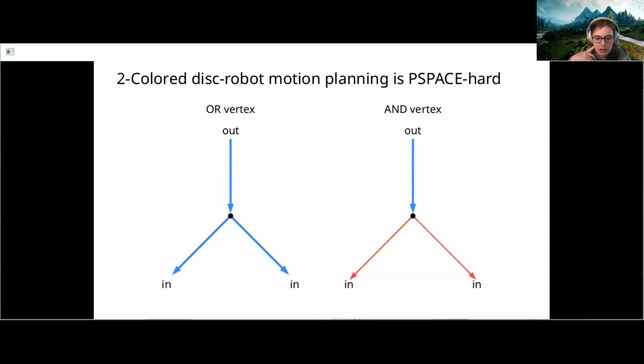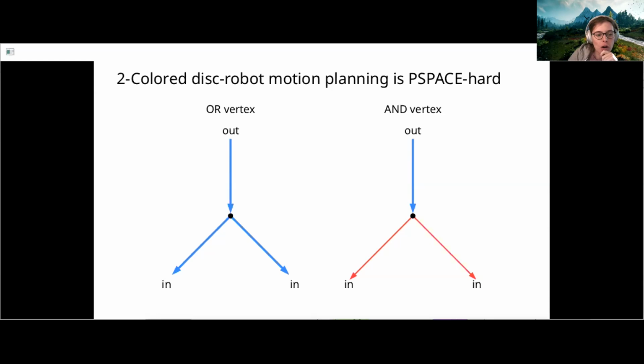And why are they called this way? Well, imagine that we denote 2 edges as an input. OR vertex has 3 blue edges, AND vertex has 2 red edges and 1 blue edge. The red edges of the AND vertex and 2 blue edges of the OR vertex are going to be the input.